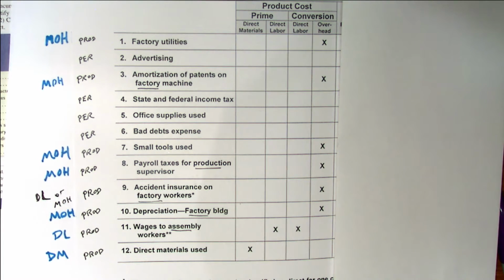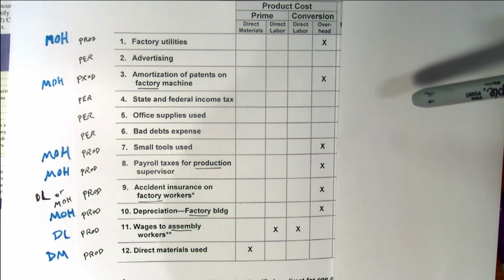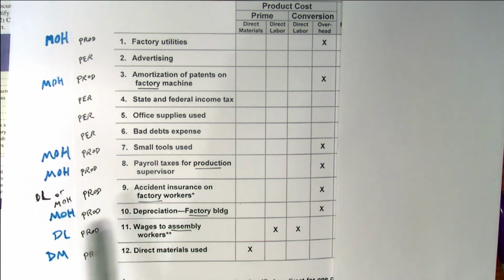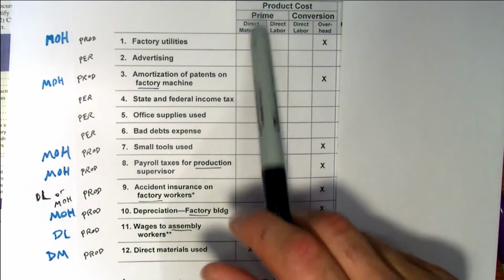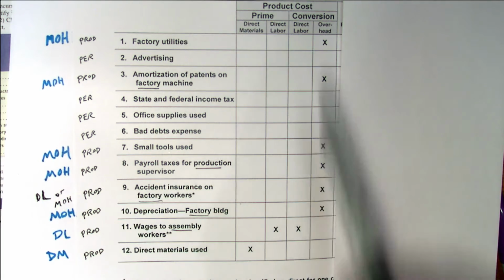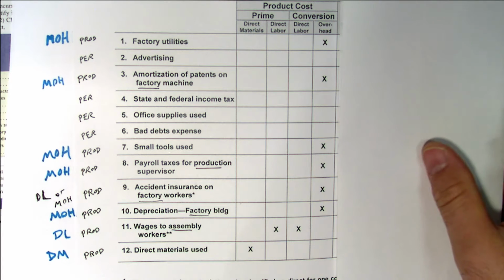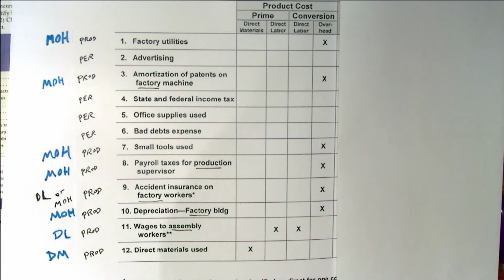Yes, they would do one of those probably and not both of them. But this isn't really asking for a specific company. This is really saying, in regards to direct labor, it is part of prime cost if you do that, and it's part of conversion cost if you accumulate that way. Does that make sense? I've always thought the way they asked this question was just maybe a hair confusing.